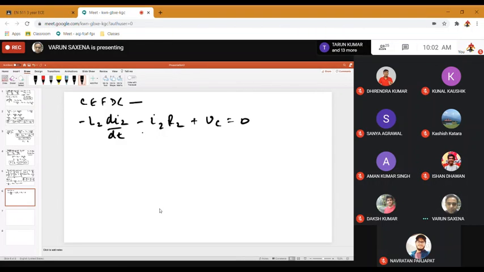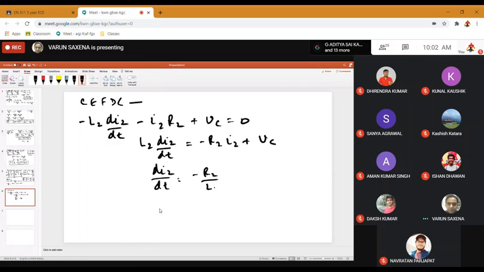That gives you L2 di2 by dt is equal to minus R2 I2 plus Vc. So di2 over dt is minus R2 over L2 times I2 plus Vc over L2. This is the second equation.